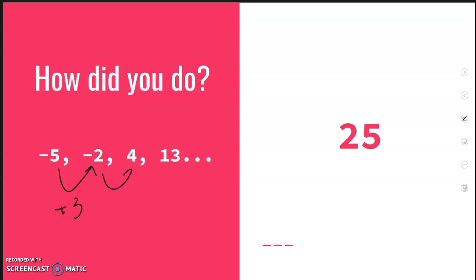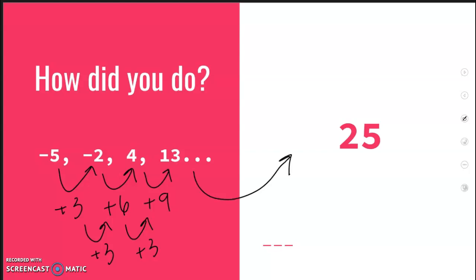To get from -2 to 4, it looks like we're adding 6. And to get from 4 to 13, it looks like we are adding 9. Notice it looks like we are adding 3 additional numbers every single time. Based on this pattern, to get from here to the next figure, we must be adding 12.